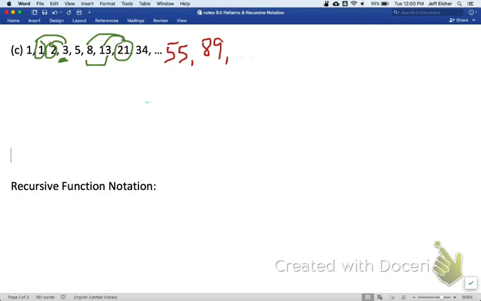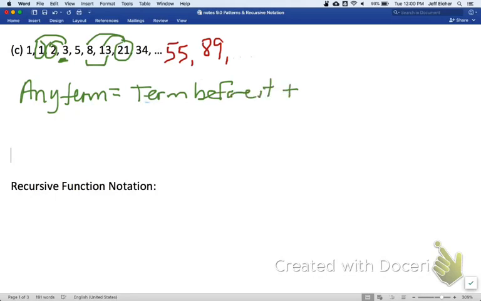So basically, let's see, to get any term equals the term before it plus the two terms, the second term before it.